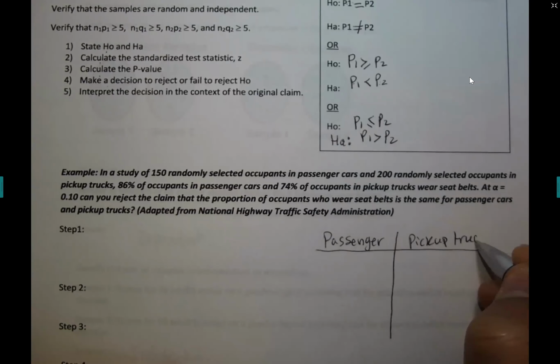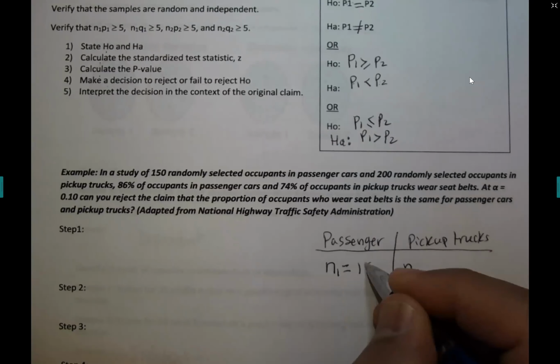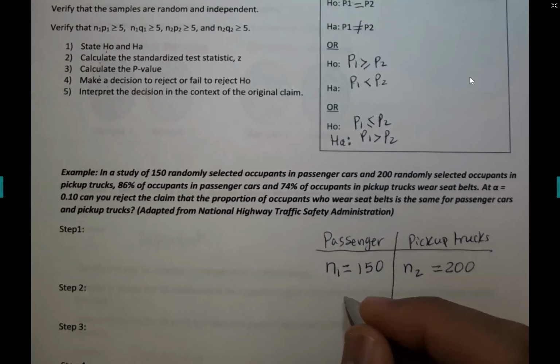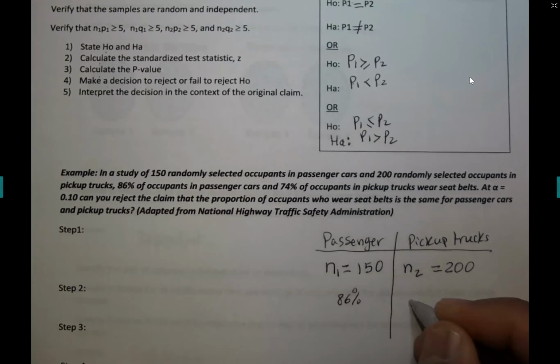Since I have two sample sizes, guys, you have to label them as n1 and n2. n1 is 150 and n2 is 200. 86% of occupants in passenger cars and 74% of occupants in pickup trucks wear seatbelts. So there is 86%, I'm going to write it here, and 74% there.